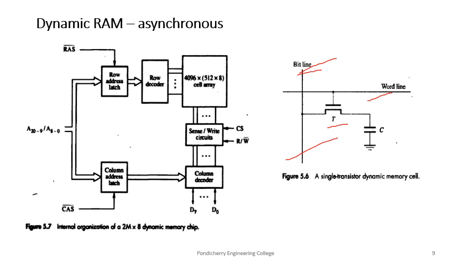This causes a known amount of charge to be stored in the capacitor. So when this transistor is conducting, depending on the bit line value, the capacitor will be charged to a known value. After the transistor is turned off, the capacitor begins to discharge. After writing, after deselecting this word line, the transistor T will be in the off condition.